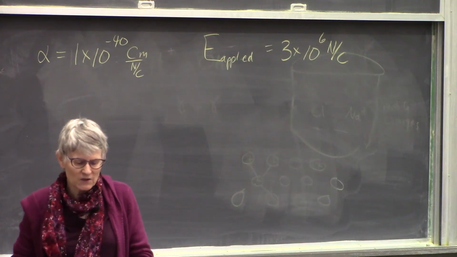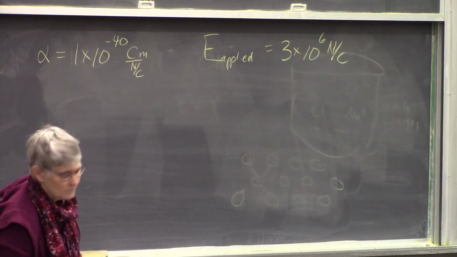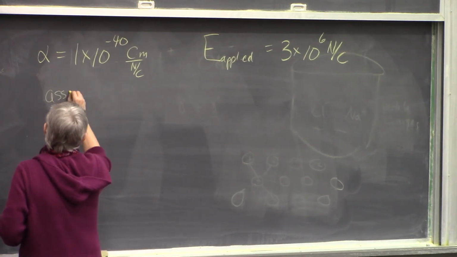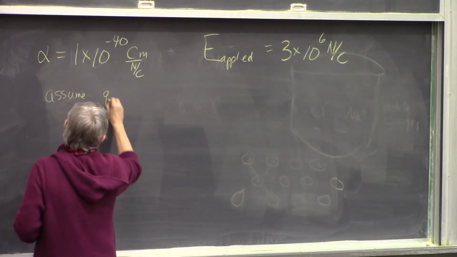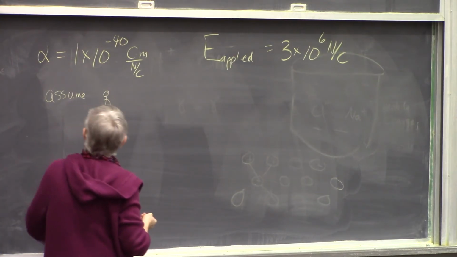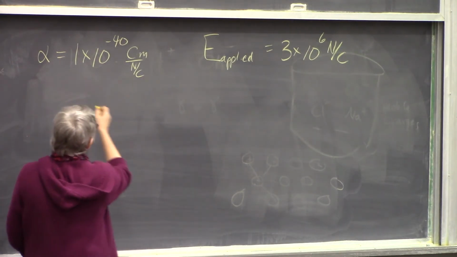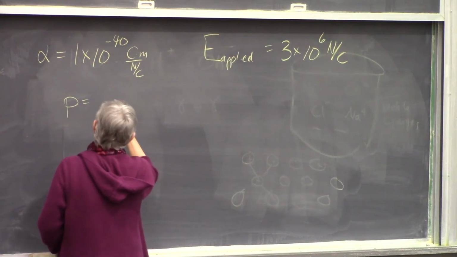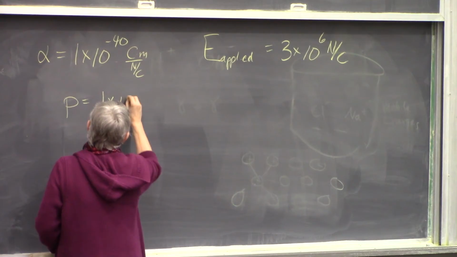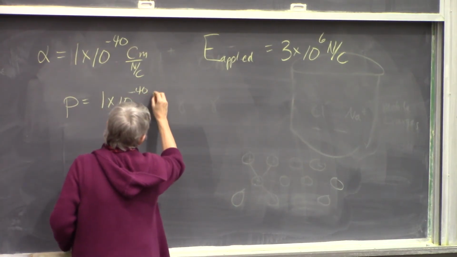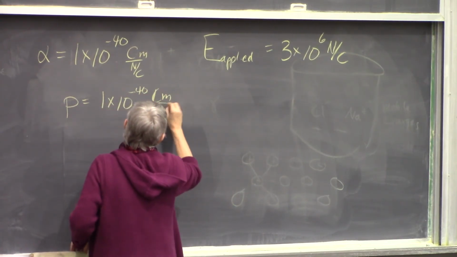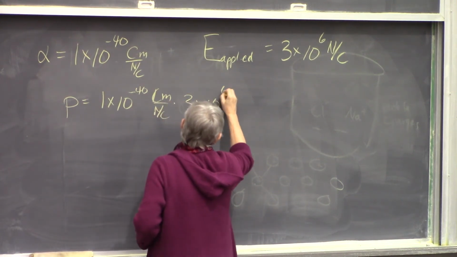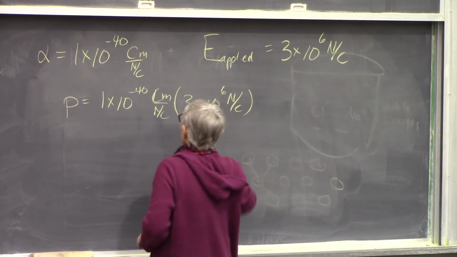So let's say the biggest field that we can practically apply is this one. Let's calculate the dipole moment we'd get for this. The dipole moment of this atom would be 1 times 10 to the minus 40th coulomb meters per newton per coulomb times 3 times 10 to the 6th newtons per coulomb.